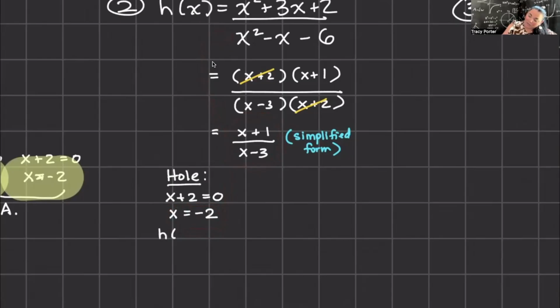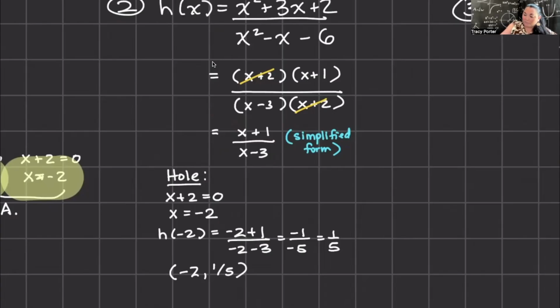So if we do h of negative 2, you're going to have negative 2 plus 1 over negative 2 minus 3. And so we have negative 1 over negative 5, or just positive 1/5. So there will be a hole at negative 2, 1/5.